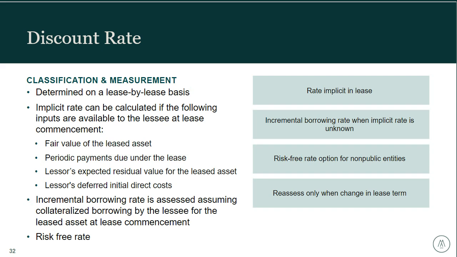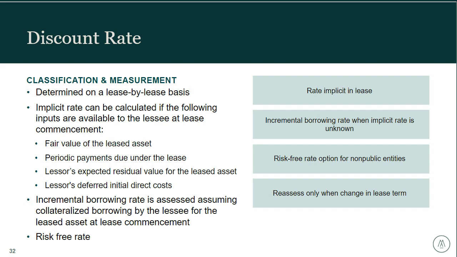So if you do not do that, which is required, then you have your incremental borrowing rate, and as a non-public company, you have the ability to use the risk-free rate based on leases with similar terms. So you would take the 1-year treasury or a similar risk-free rate, or for leases of 5 years, et cetera.